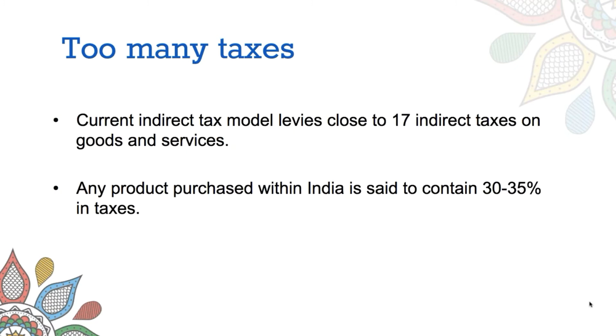On top of that, when we talk about the burden of purchase in India, any product that you buy within India is said to contain about 30 to 35% in taxes. So imagine yourself buying a smart LED TV for say 1 lakh rupees.